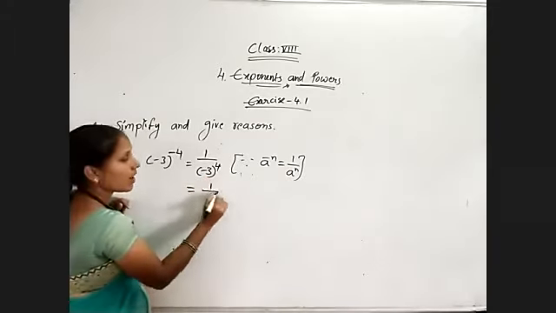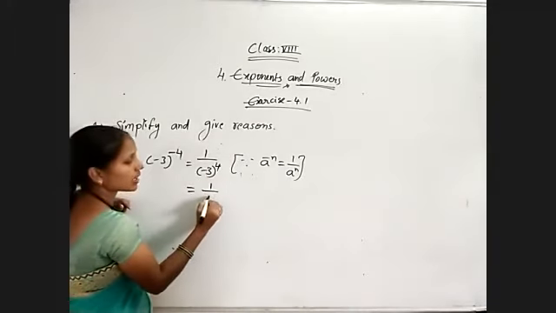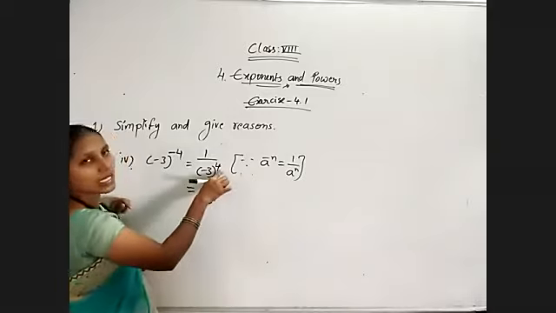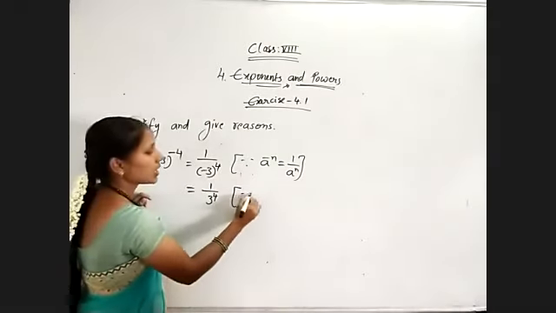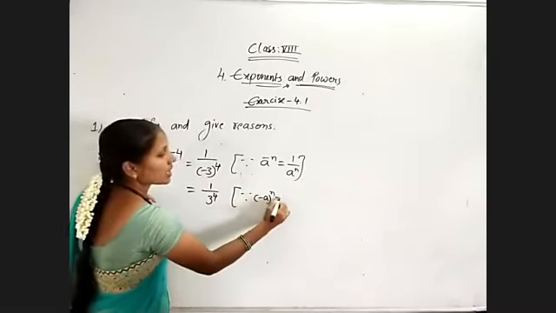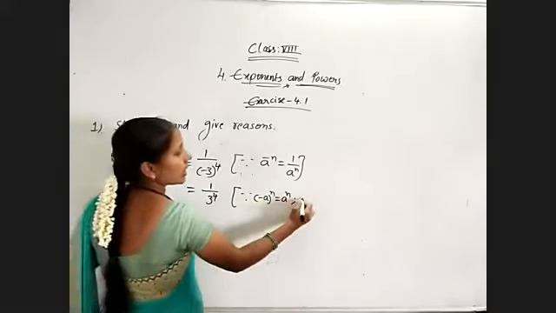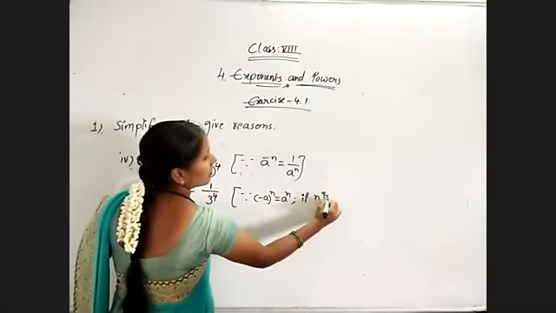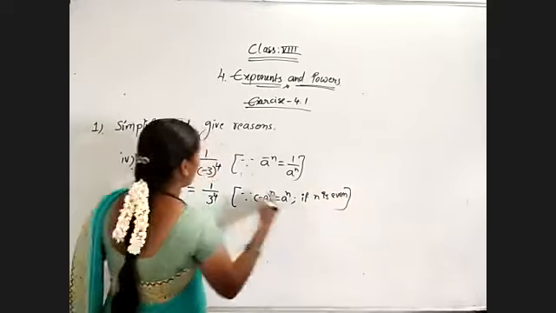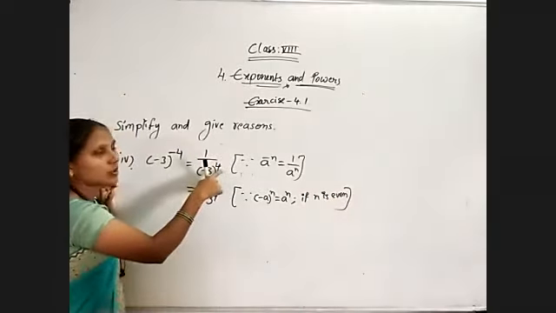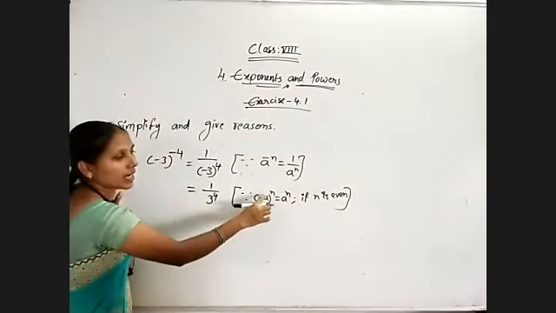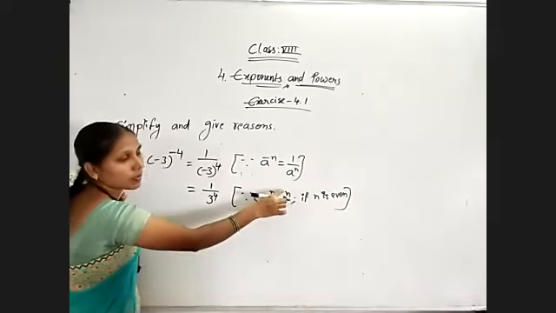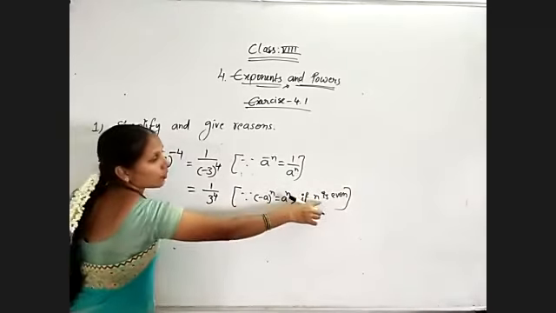That is 1 by minus 3 to the power of 4, which is nothing but 3 power 4, because n is an even number. Since minus a to the power of n is equal to a power n if n is even. So here n is even, that's why minus 3 to the power of 4 is equal to 3 power 4.